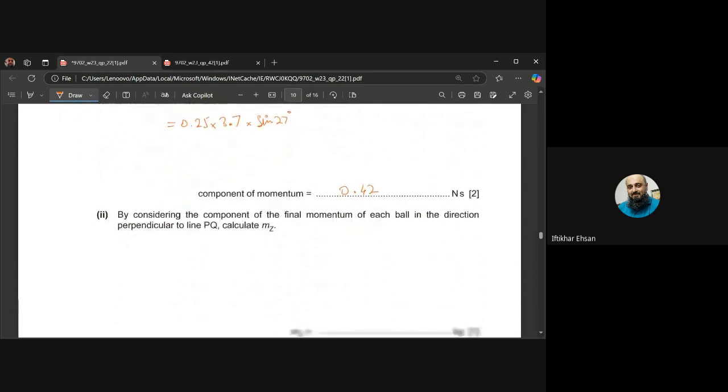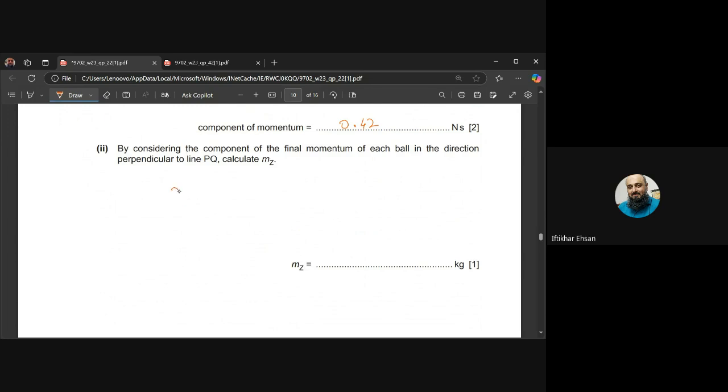So it means 0.93 sine 27 degrees will be equal to mz sine 45 degrees, 44 degrees, sorry. So you know everything, you can find mz. Can you suggest the answer, please? 0.11 kg.